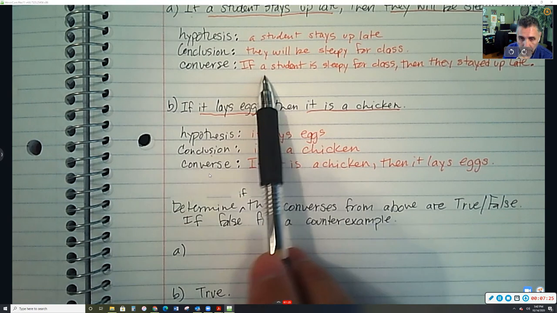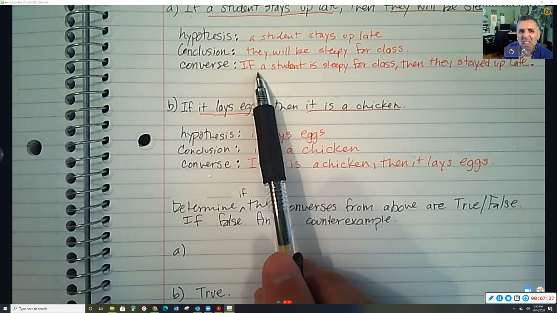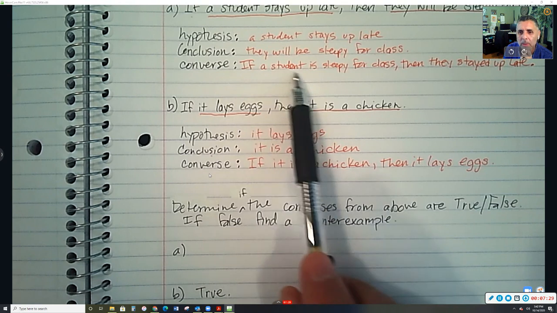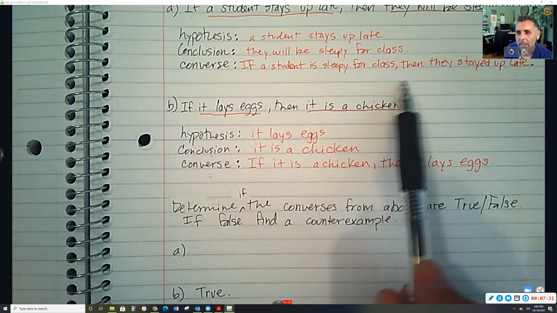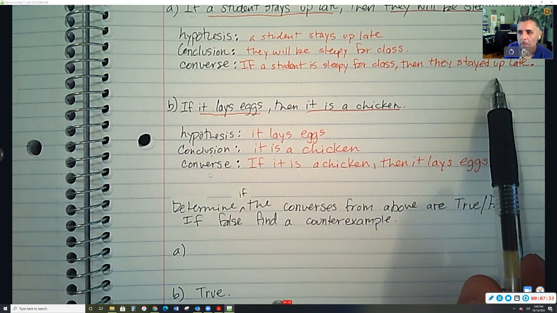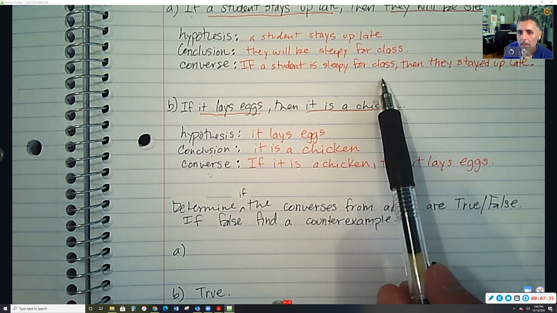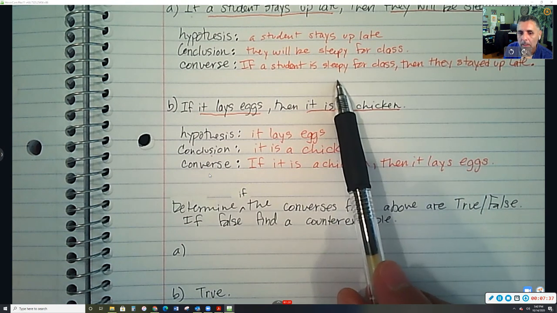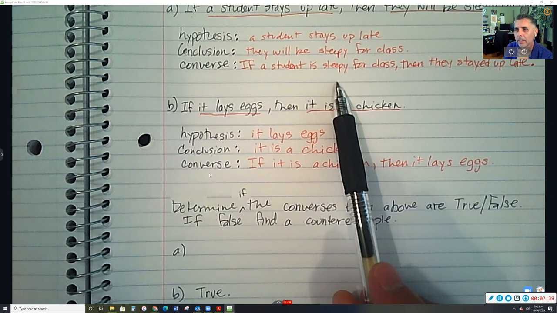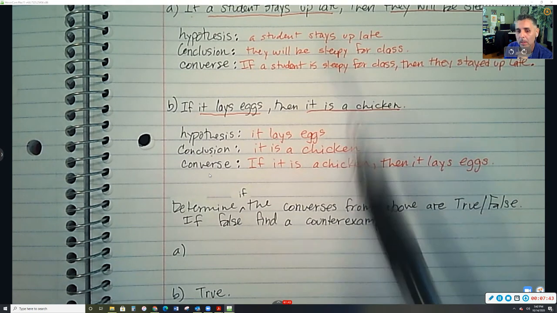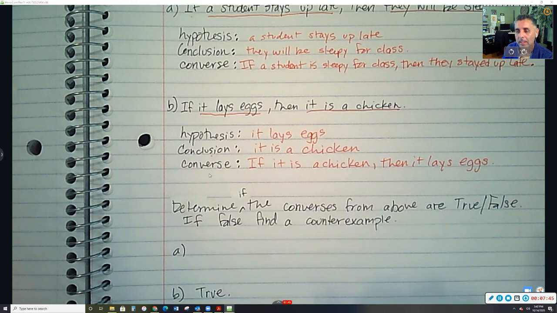And then let's go look at this one up here. This one says, if a student is sleepy for class, then they stayed up late. That's not necessarily true, and I'll give you an example. This is the counterexample: a student who wakes up real early.